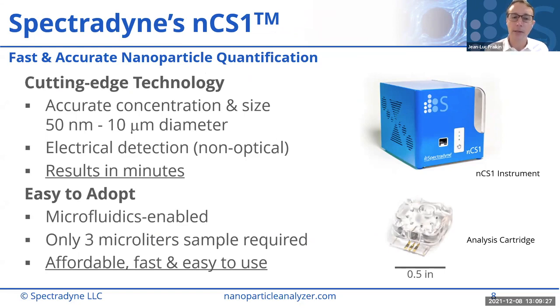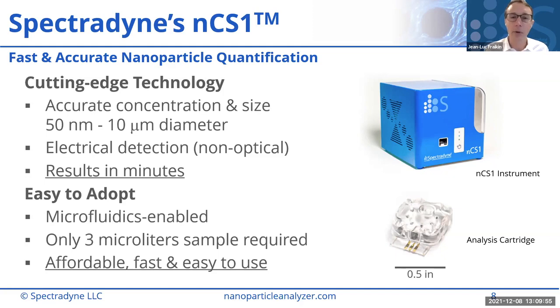As I mentioned, it uses electrical detection of particles and sizing, so it's a non-optical technique, which is really important when you couple it with optical techniques that are orthogonal. And it's fast. It delivers results typically in a few minutes. It's relatively easy to adopt. And one of the features that people like a lot is that it's microfluidics enabled, meaning it only takes just a few microliters of your sample for analysis.